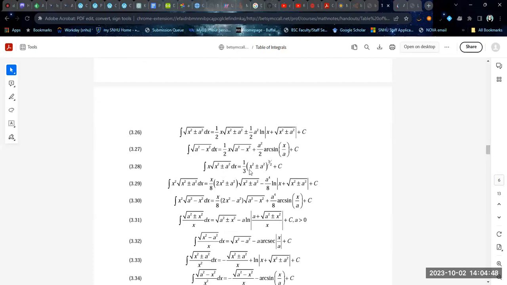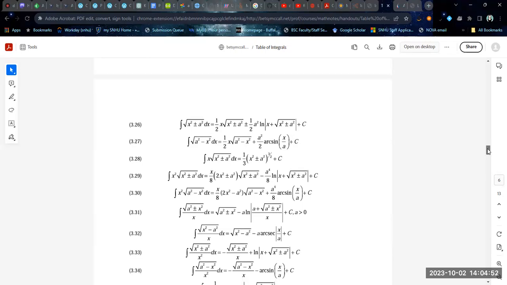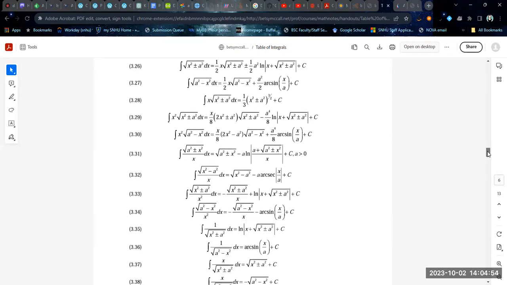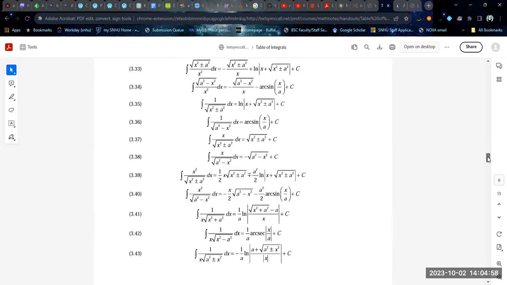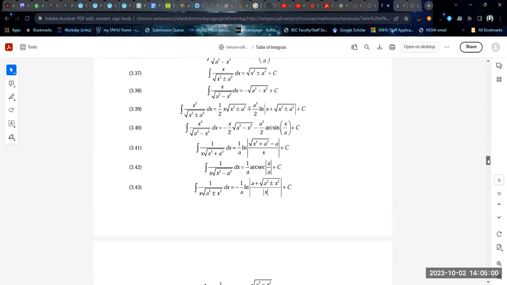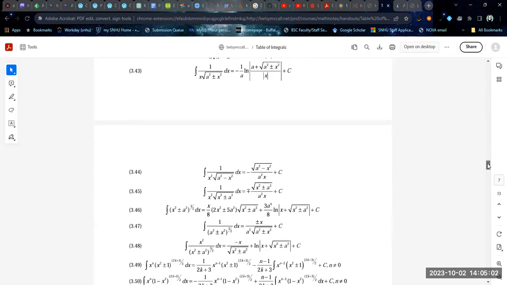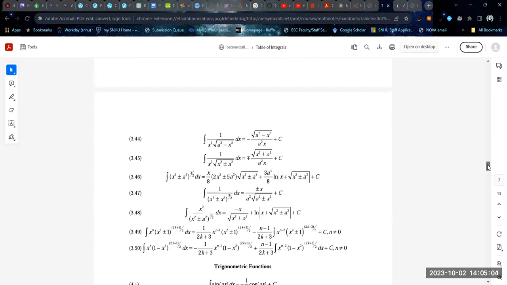This one has the 1/2 power, not the 3/2 power. Here's a 3/2 power, but by itself.